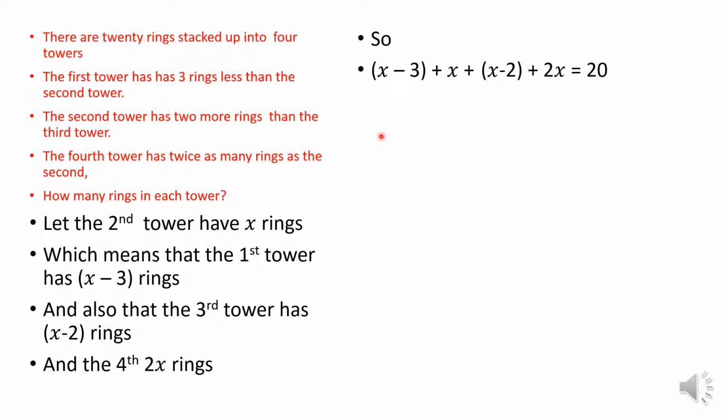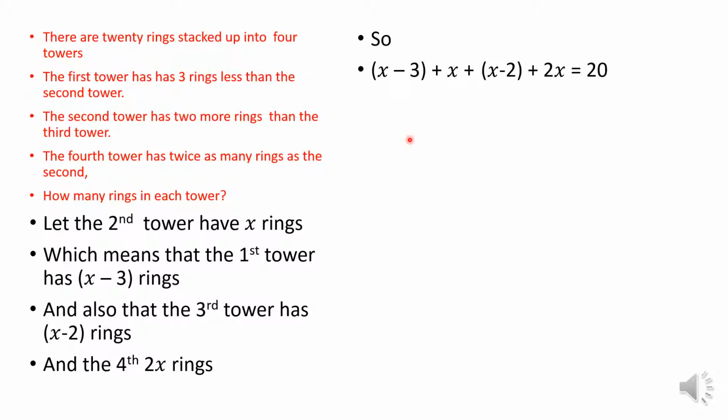Now we collect like terms. So we're going to look at the x's first. How many x's have we got? So we now have 1x from there, and then x plus x gives us 2x, and then plus another x to give us 3x. And if we add 3x to 2x, you get 5x.